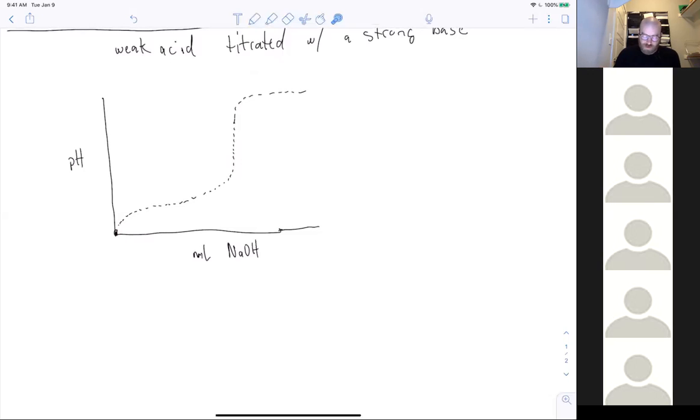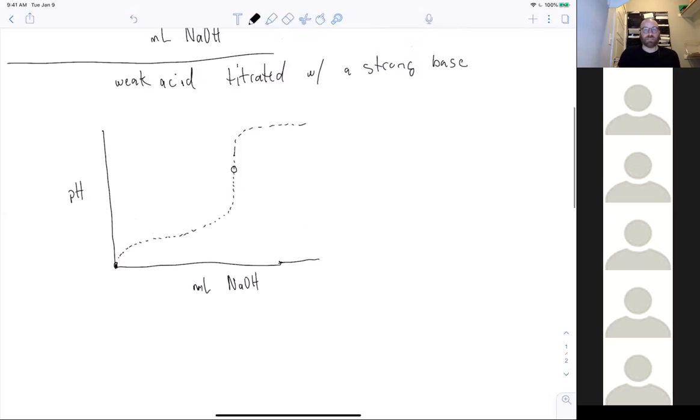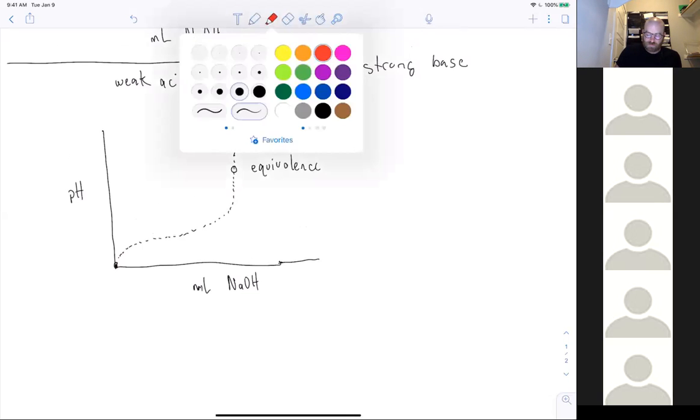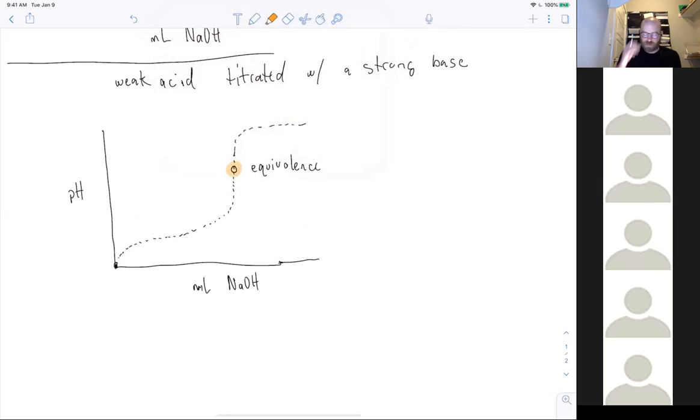Let's take a look here. The thing that separates the weak acid, weak base titrations is that the equivalence point, which is always in the middle of this vertical part of the titration curve, comes at a pH that's not 7.